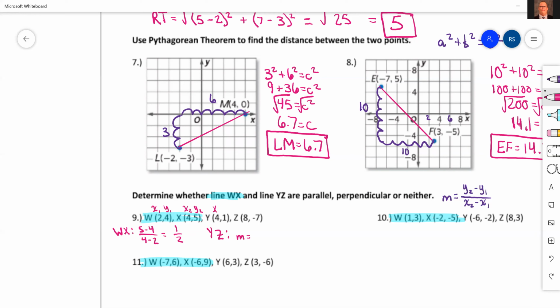Label my points, x1, y1, x2, y2, y2 minus y1 over x2 minus x1.